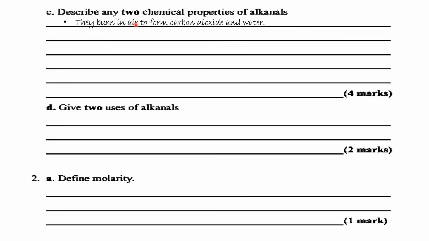Alkanals burn in air to form carbon dioxide and water. In other words, alkanals undergo combustion reaction. They burn in oxygen and react with oxygen to produce carbon dioxide and water. That's one chemical property.